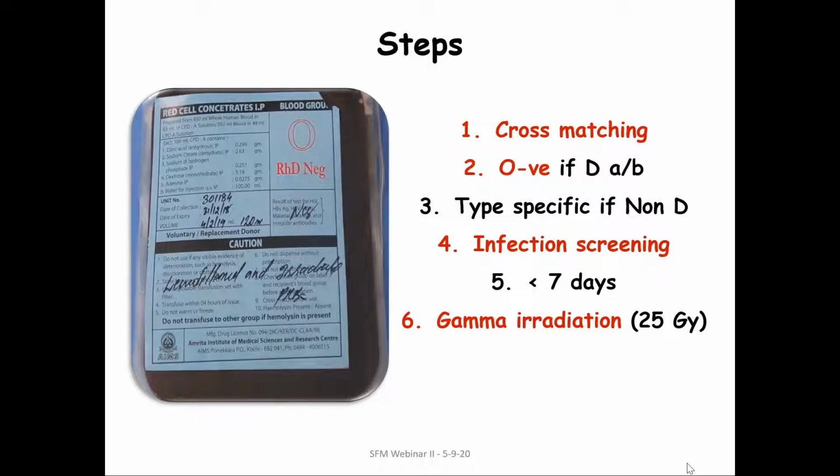Now, we would also request the lab to do a gamma irradiation of the blood that is given to the fetus, and this is to prevent the fatal complication of graft versus host disease. The last thing that you would do is a leukodepletion. You would want to rid this blood of WBCs, the white blood cells, the leukocytes.